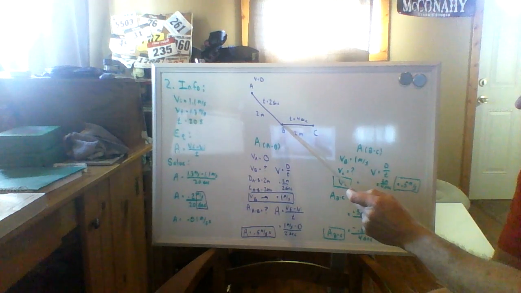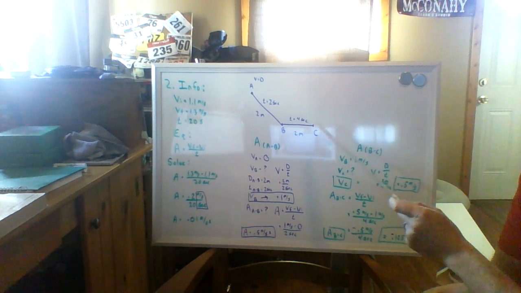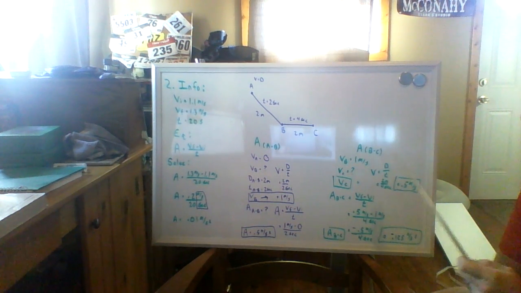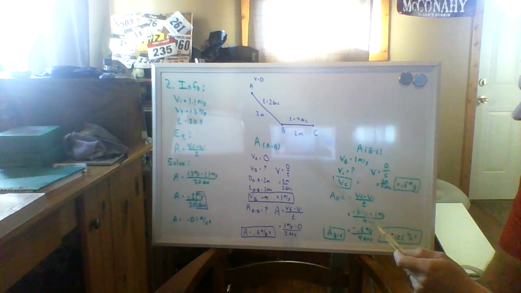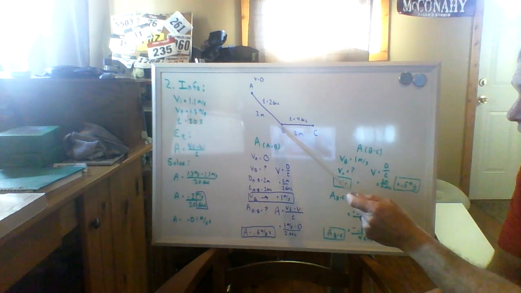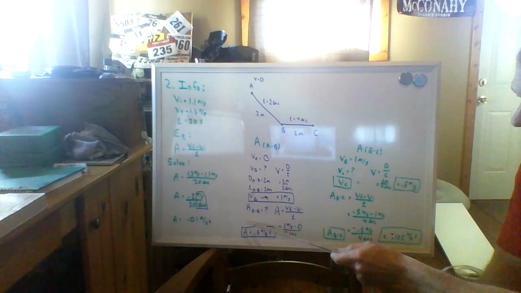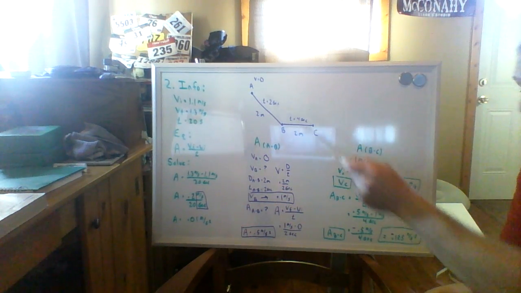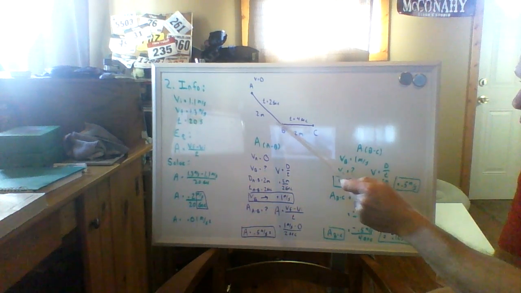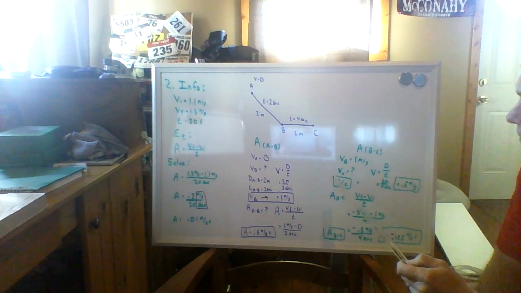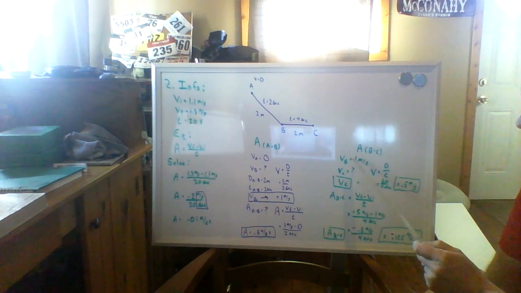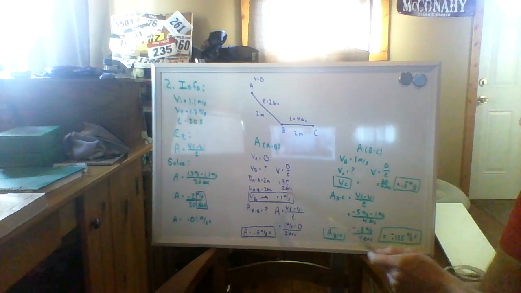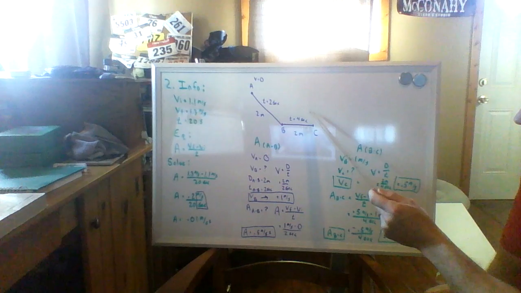To find the acceleration from B to C, we need to take the final velocity, the velocity at point C, which we just calculated to be 0.5 meters per second, minus the initial velocity, that's our velocity at point B. Now remember, the velocity at point B was the final velocity for the ramp equation, but it's going to be the initial velocity for the roll equation. It can be both. So our final velocity, the velocity at point C, was 0.5. The initial velocity, the velocity at point B, we calculated here to be 1 meter per second. Our time was 4 seconds.